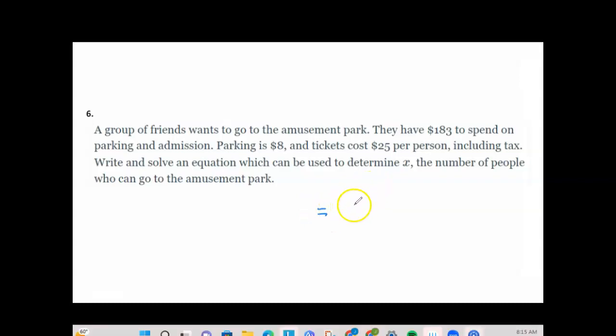All right. So our equal to is our total amount of money, so 183. Our cost per person is $25. Do we have a variable? Oh, we do. We have to use X. So 25X plus 8. It just costs $8 to get into the park.